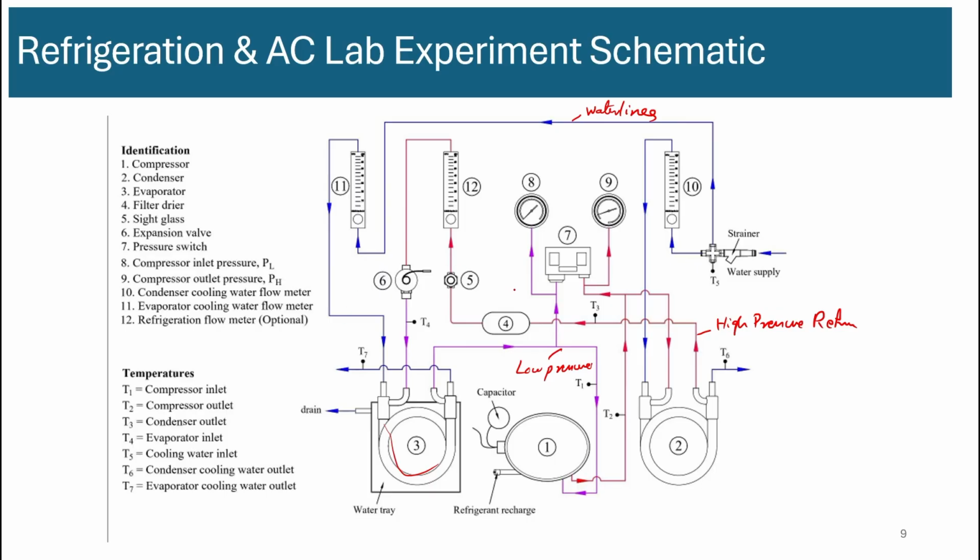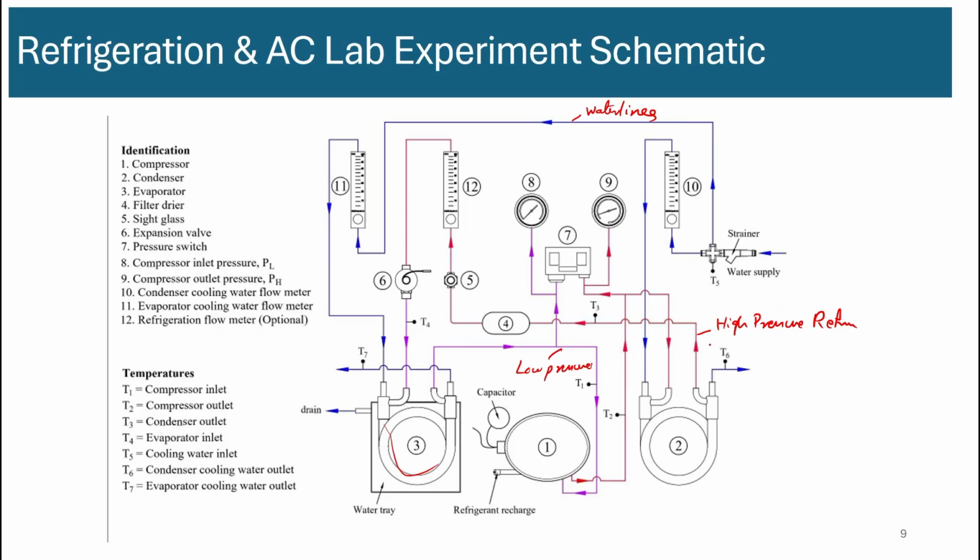If you look at the refrigerant, let's start from the compressor. This purple line is the inlet to the compressor. It's coming in, and it's going out through the red line. The red line is connected to the pressure sensor, but it's also connected to the condenser.